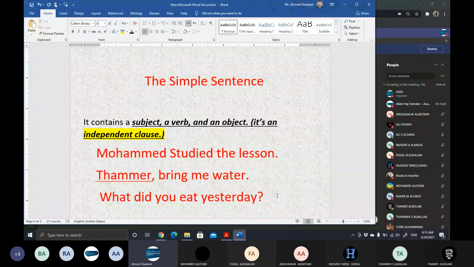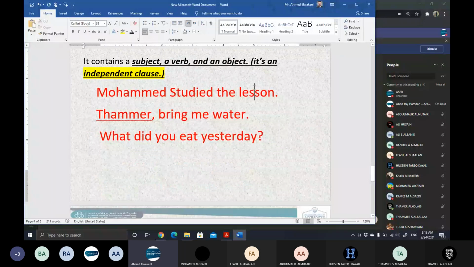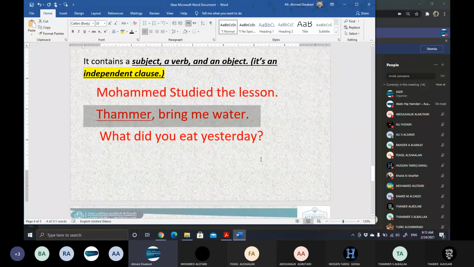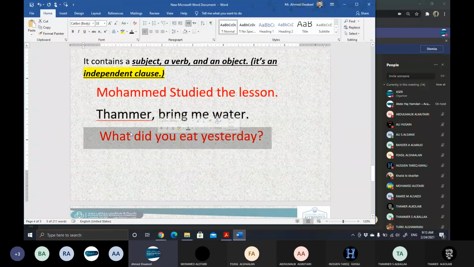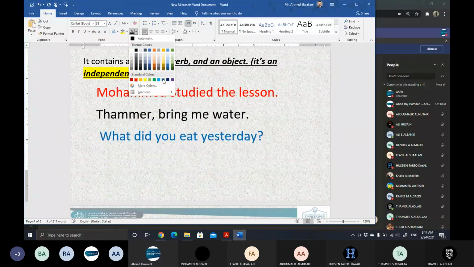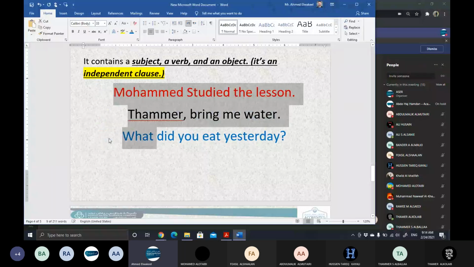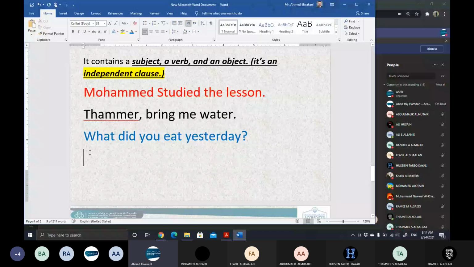So the third type of sentence, guys, is called interrogative. We have declarative, giving information. We have imperative, to give an order or a command. Interrogative means identifying or asking a question.